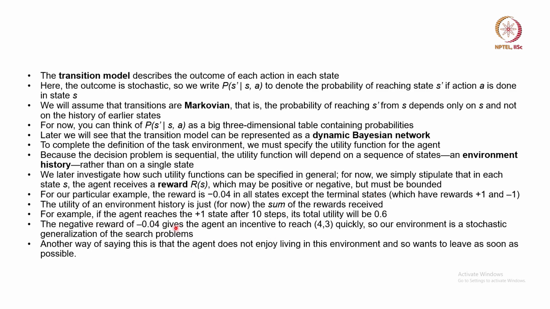So the negative reward of minus 0.04 gives the agent an incentive to reach 4,3 quickly. Otherwise it can just be circling around and then reach 4,3 later, right.